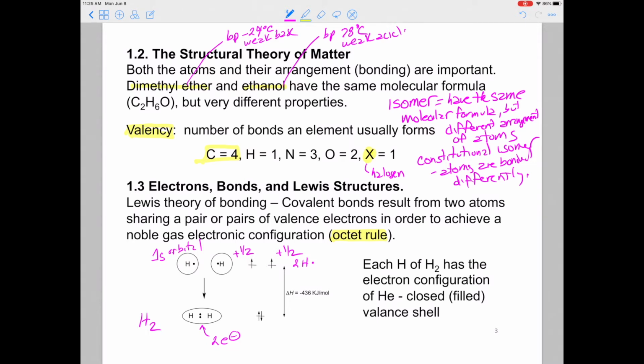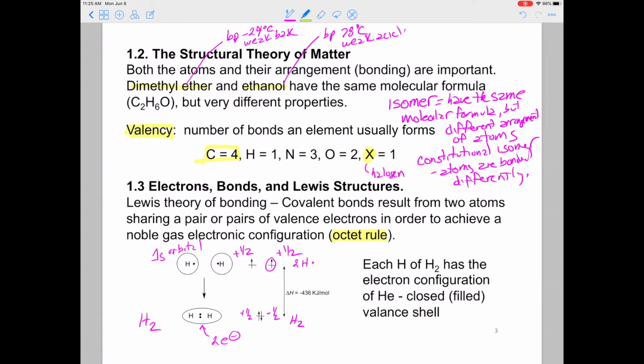Now, in order to form a bond, one of these electrons will have to flip its spin so that it can pair with the other electron. And so to form H2, we now draw the paired electrons with opposite spins. One would be plus 1/2 and the other would be minus 1/2.